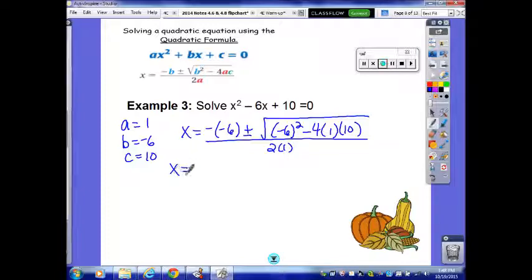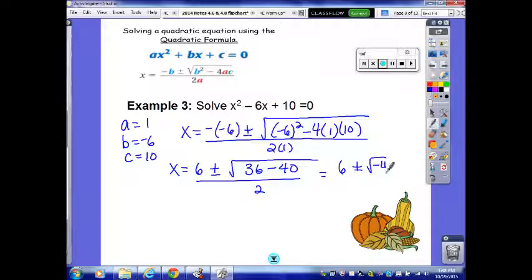Alright, cleanup time. So we get 6 plus or minus the square root of 36 minus 40, all over 2. So we have 6 plus or minus the square root of negative 4, over 2.